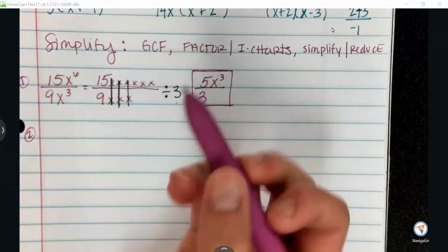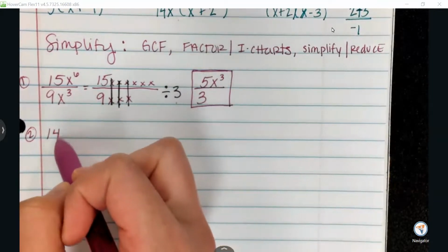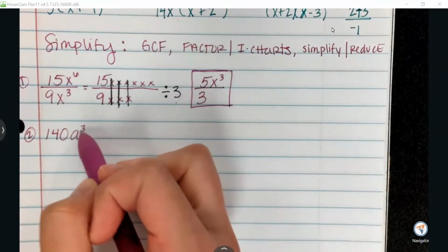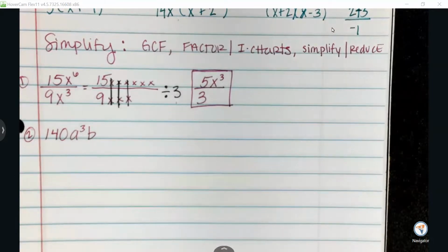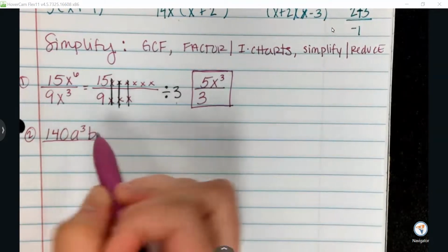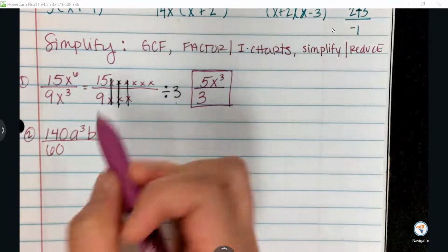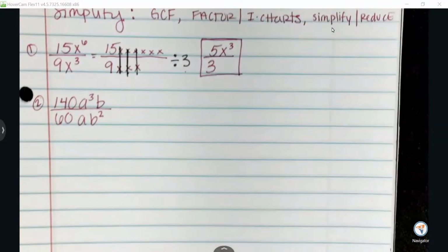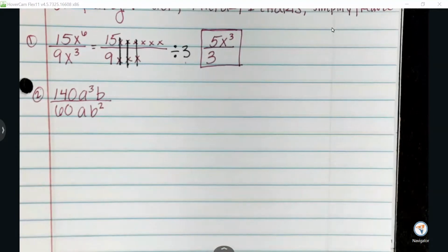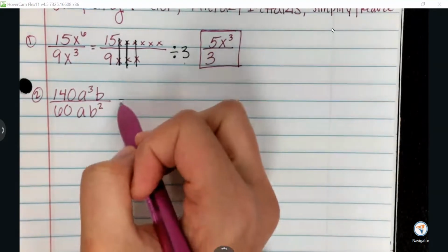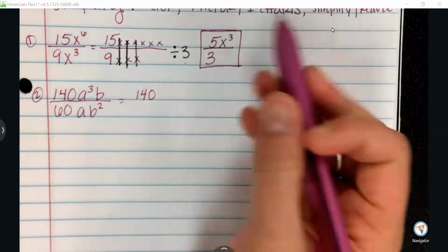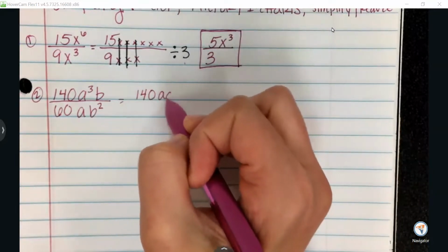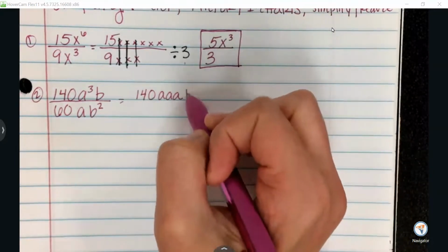Number 2. It's going to say 140 a to the 3rd b over 60 ab squared. So let's expand it. Let's write it out if we need to. I have 140. How many a's are on top? 3. How many b's? 1.